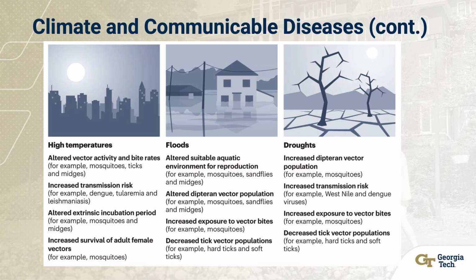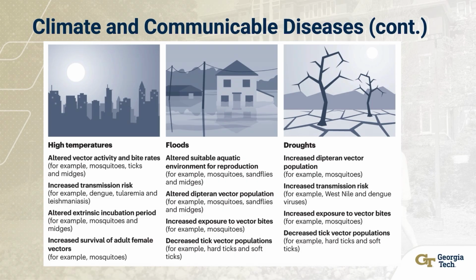If we're talking about floods, there could be an increase in exposure to the bites of mosquitoes, which potentially increases exposure to diseases like malaria. Same thing with ticks, and the changing of the suitable aquatic environment for reproduction could ultimately increase the spread of the diseases by increasing the spread of the insects themselves.